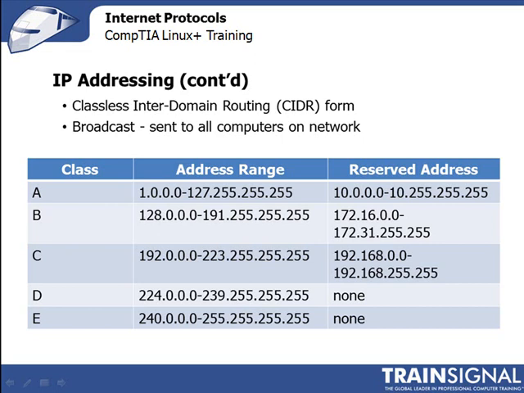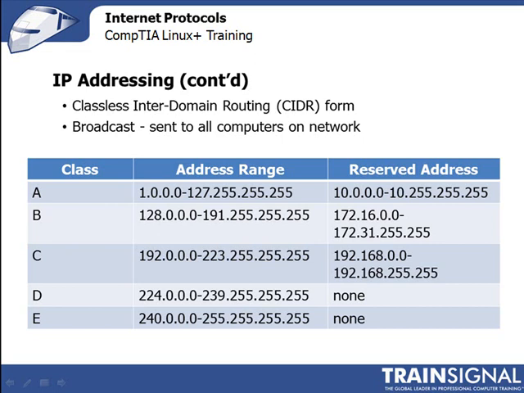But next we have Class C, which starts at 192.0.0.0 and goes all the way to 223.255.255.255. Its reserved address range is 192.168.0.0 to 192.168.255.255.